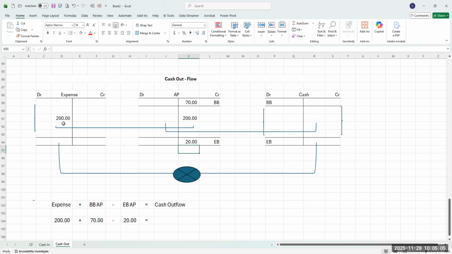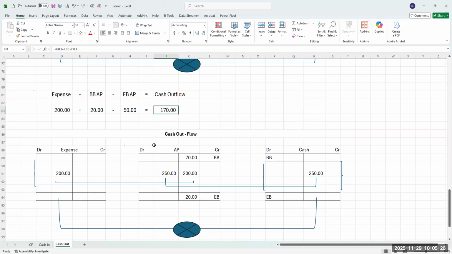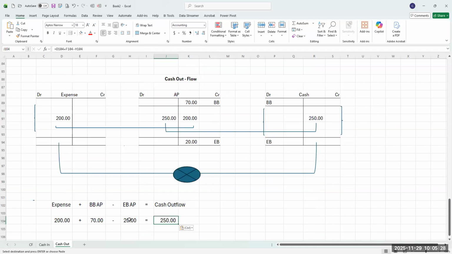Because I paid for my expenses, plus I reduced my beginning balance down to 20. So I paid $50 for whatever I owed, plus my current expenses. So that will be 250. And if we look at the formula here, boom, 250.